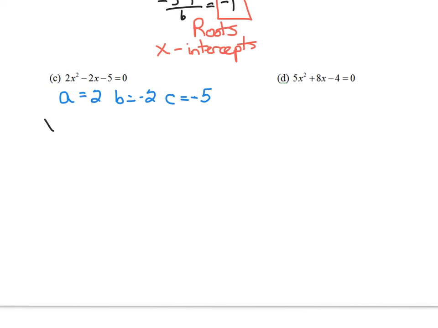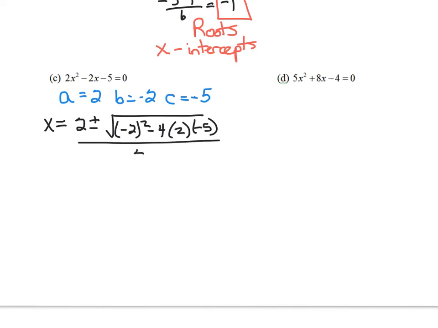So the quadratic formula says x is equal to the negative of b, so negative of negative 2 is positive 2, plus or minus the square root of negative 2 squared minus 4 times 2 times negative 5, all over 2 times a, which is 4. So calculating the radicand once again, I'm getting the square root of 44 divided by 4.